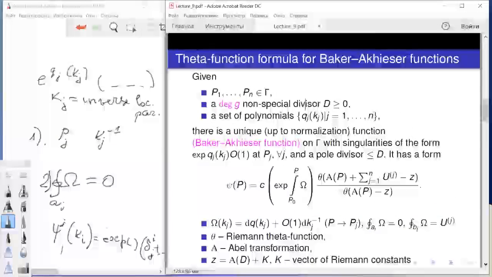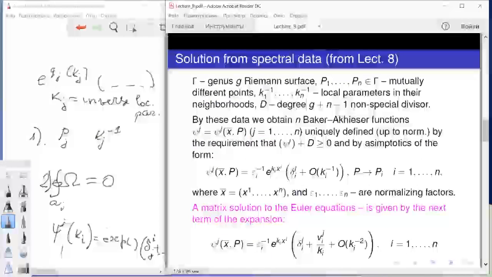And the theta function formula is applicable to Baker-Akhiezer functions with degree g pole divisors, and so we must find some way to reduce the problem with g plus n minus 1 degree divisor to the problem with degree g divisor.